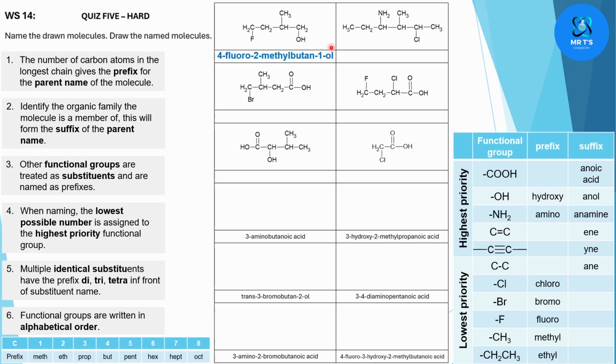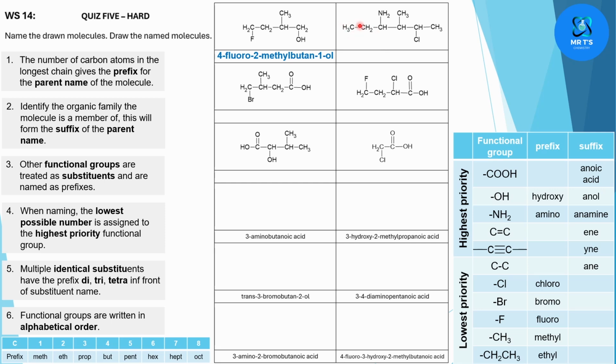2-methyl butan-1-ol. So the next molecule we have here, we have 1, 2, 3, 4, 5, 6 carbons in the longest chain. That's going to be a hex. We have an amine, a methyl, and a chloro functional group. The amine is going to change the suffix, and so we're going to give the amine the priority in the numbering.